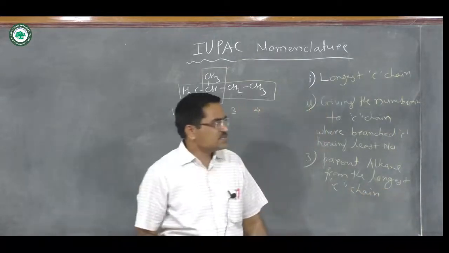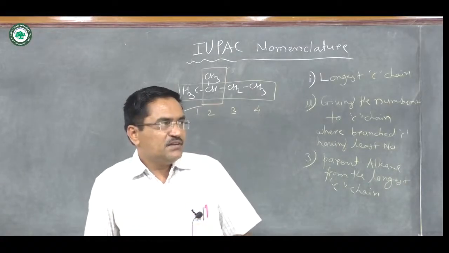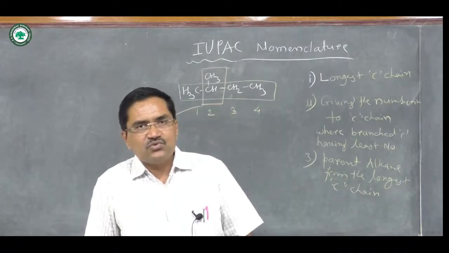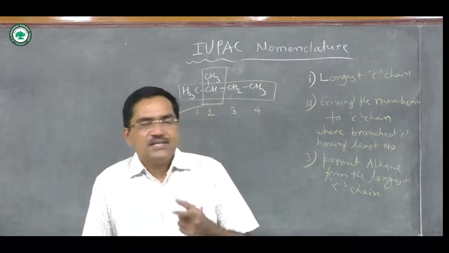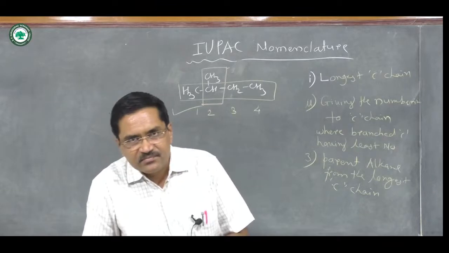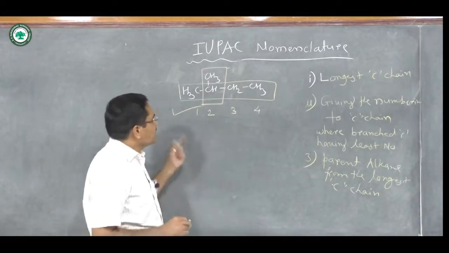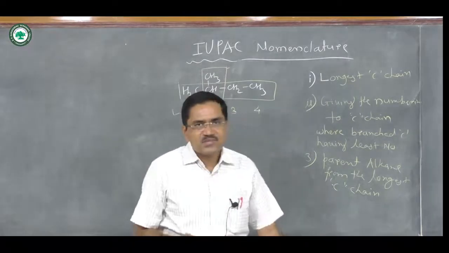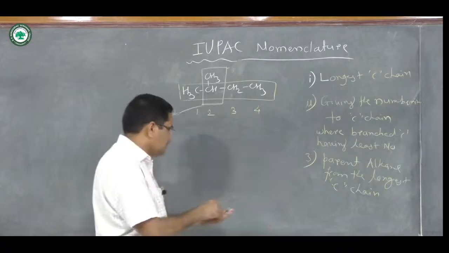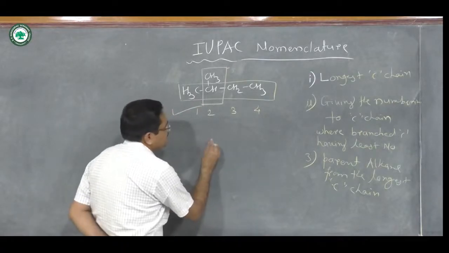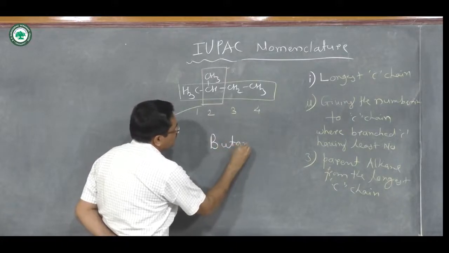We already discussed, suppose n equals 1, then this is methane, n equals 2 ethane, n equals 3 propane, n equals 4 butane, and n equals 5 is pentane. Now here 4 carbon atoms are present in the carbon chain, and hence the parent alkane is butane.